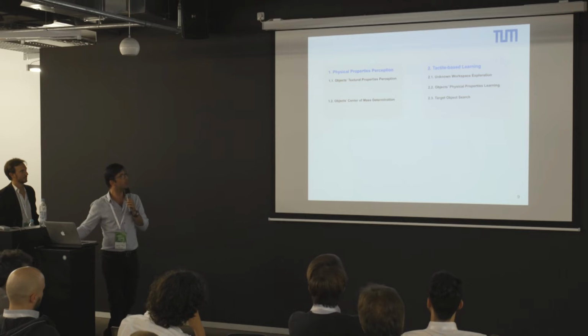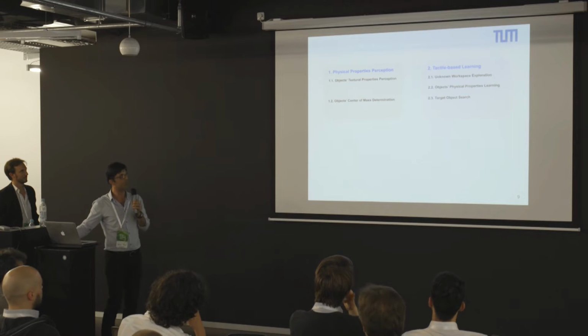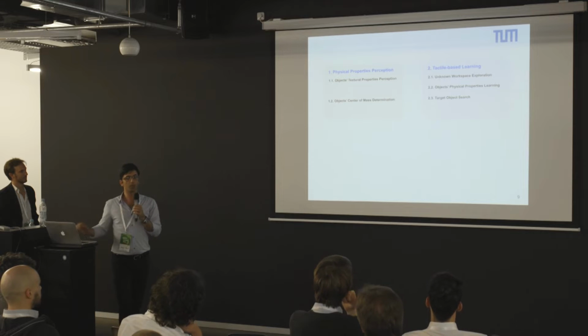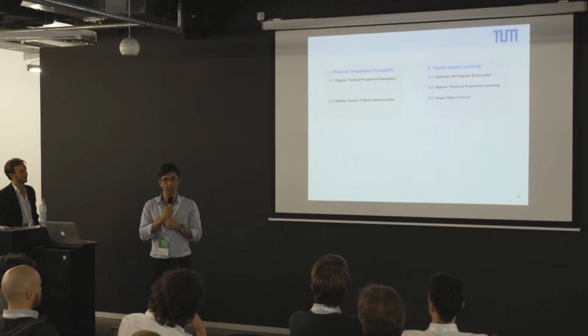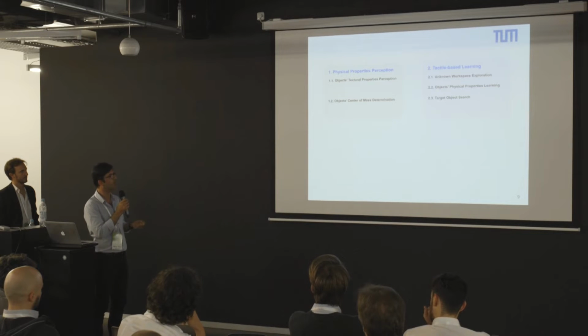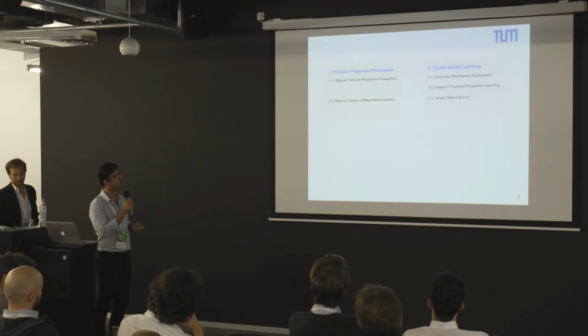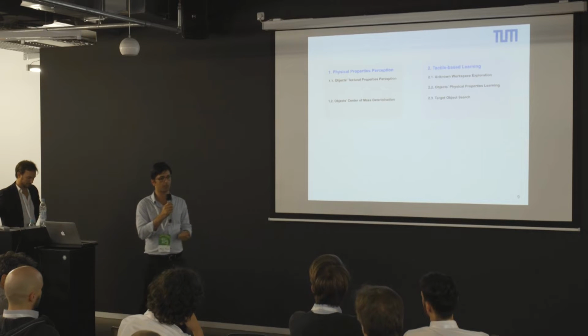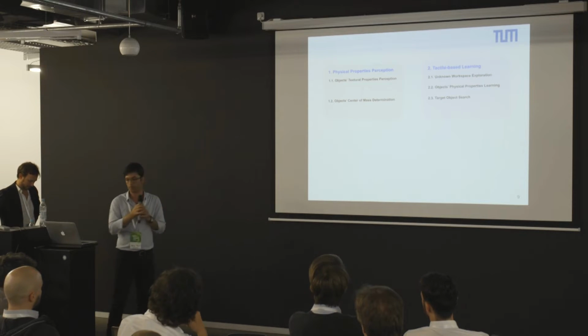Then later on, I'm talking about tactile-based learning, which is kind of new. I want to say that we are not using machine learning here; we are developing the machine learning techniques in the lab. So I will show you how the robot learns via the sense of touch about the environment and the physical properties.